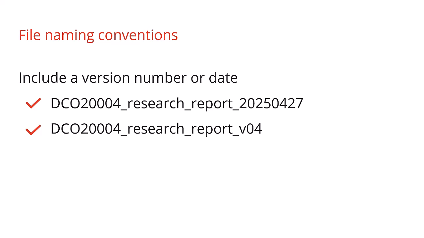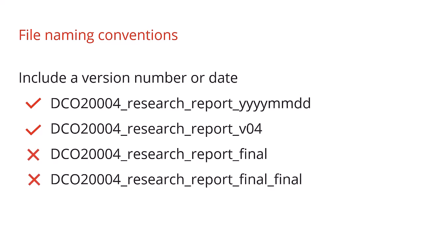If you think you're going to have more than 99 versions, lead with 2 zeros, or you can use a date. And if you do that, you will not end up with the typical thing of research report final that inevitably leads to research report final final, and so forth. So please do use dates or version numbers instead.